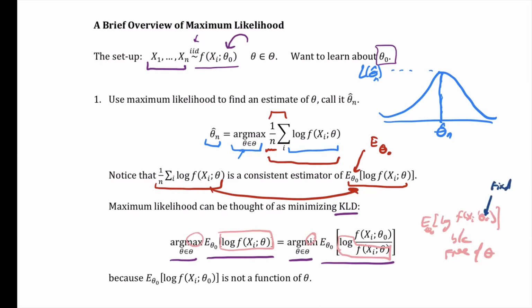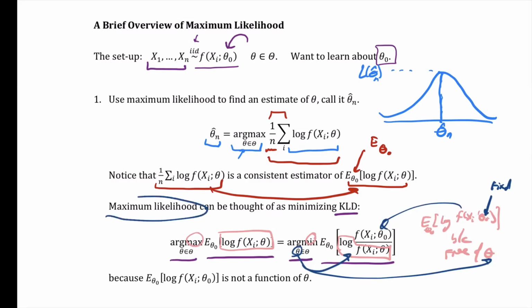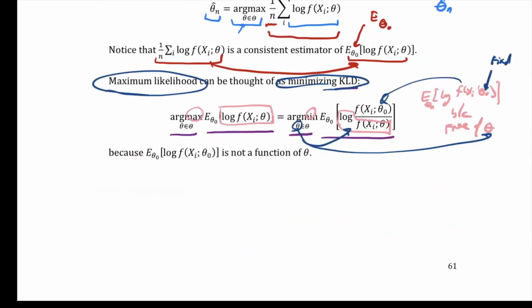This is the truth. That's a constant. And I'm not maximizing over that. So here, don't forget, I'm maximizing over theta. So really, I'm just maximizing over this bottom piece, and this is a constant which I can add on. Okay. So the key part here is that maximum likelihood can be thought of as minimizing the Kullback-Leibler divergence.